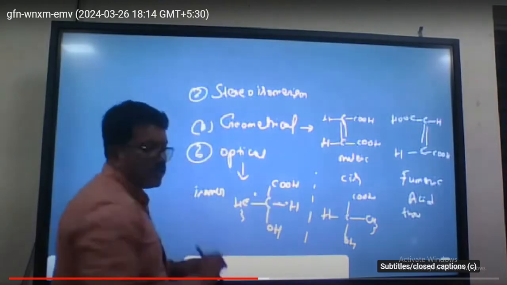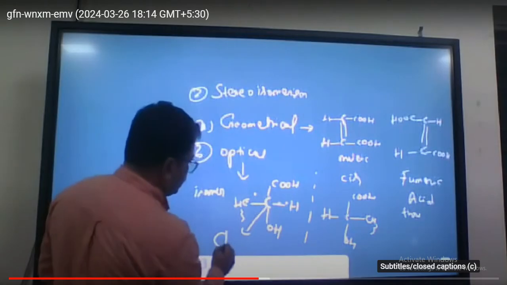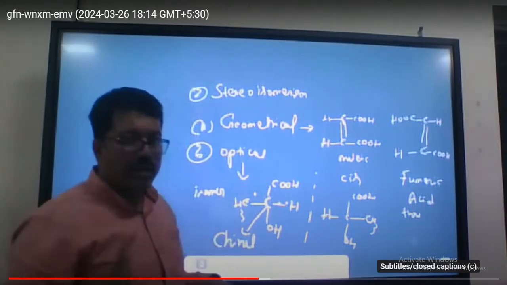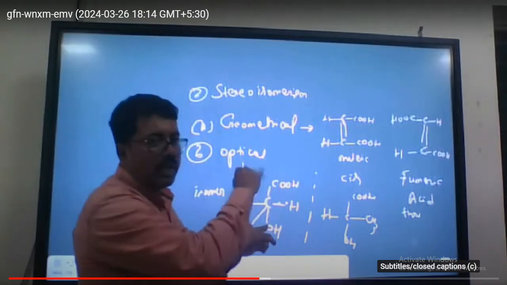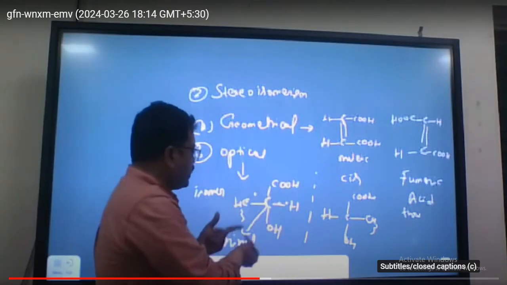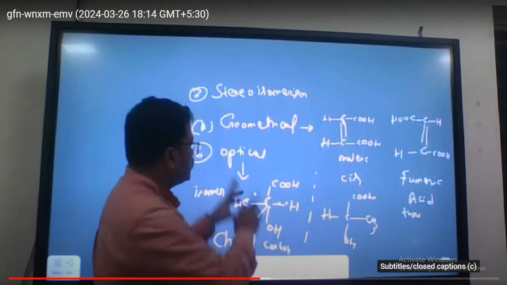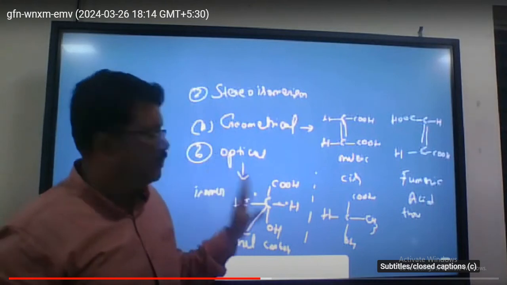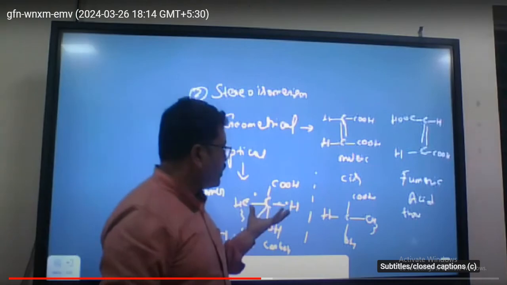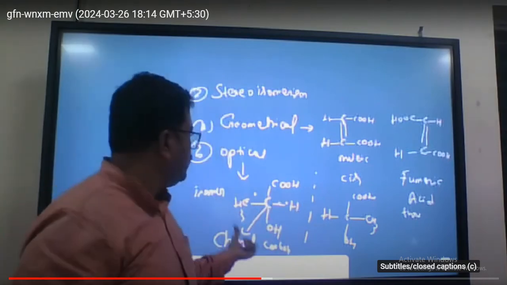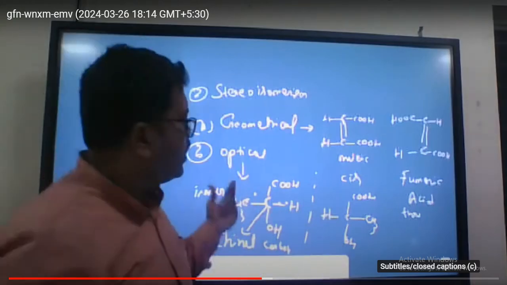So for optical isomers, there is one must condition: the carbon should be chiral. We say chiral carbon when the carbon has 4 different atoms or groups attached. Only a chiral carbon shows optical isomerism. This is the condition. So for optical isomers, that carbon should be chiral, then it possesses optical isomerism.